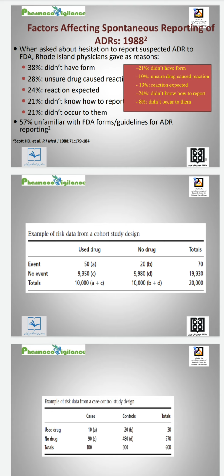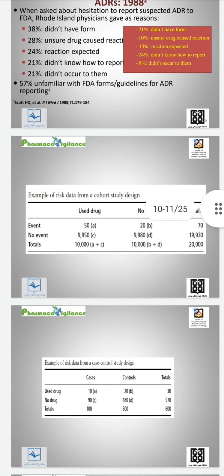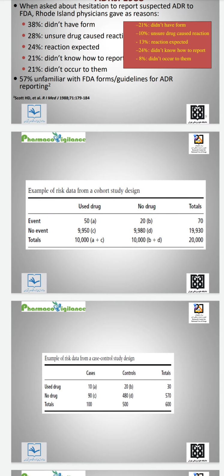The total of events with drug and no drug is 70, and the total of used drug and no drug is 20,000. The first 10,000 is A plus B, and the second is C plus D.